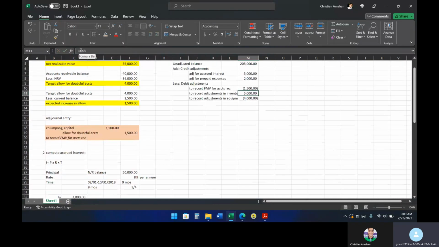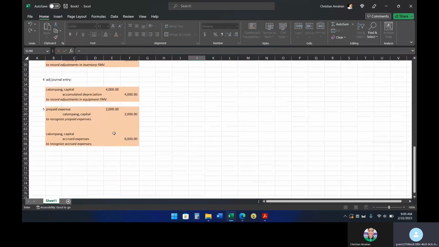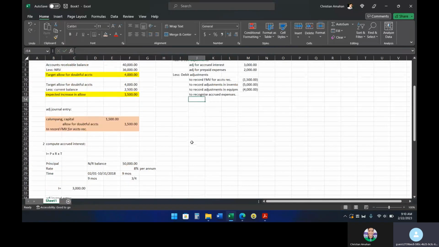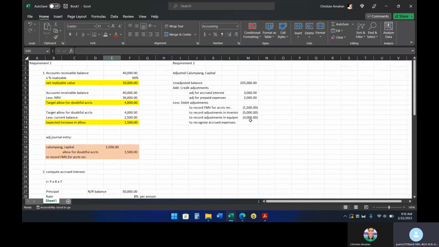The next debit adjustment for capital is lastly the 6,000 pesos for the accrued expenses. So this is 6,000 in debit adjustments.